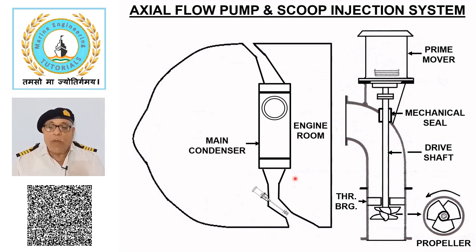The main condenser requires low head, typically 2.5 to 6.2 meters at high throughput such as 2800 to 9500 meter cube per hour, for which axial flow pump is most suitable.